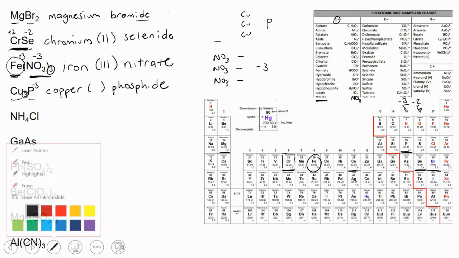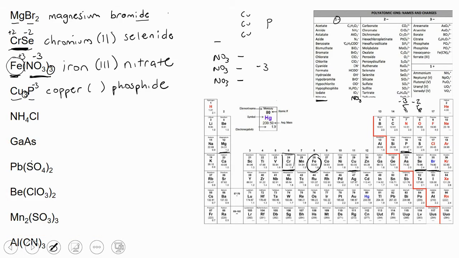The phosphorus is -3, which means that all of our copper has to equal altogether +3, which means that each individual copper is going to be +1. So if each copper is +1, then altogether it's going to be +3, and then the +3 and the -3 will equal out. We'll get a neutral charge. So each individual copper is just going to be +1, so we put a 1 in the parentheses.